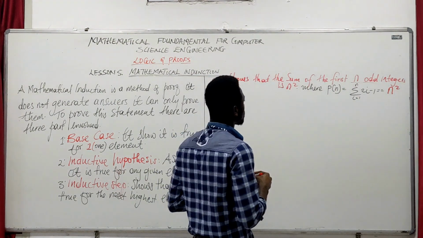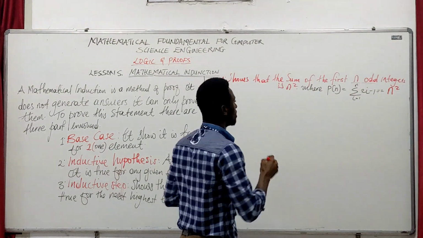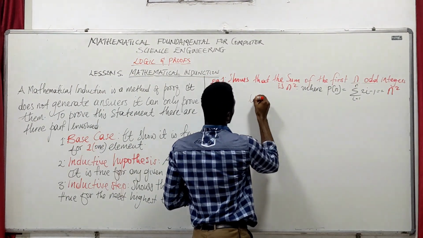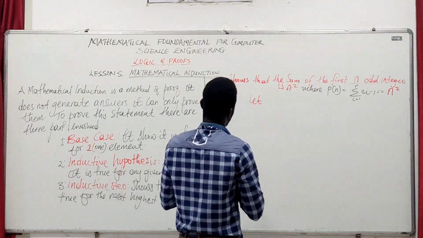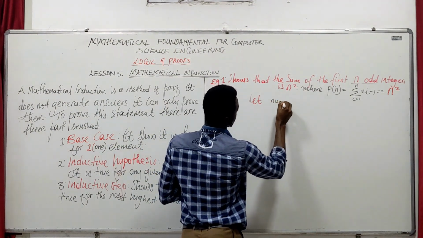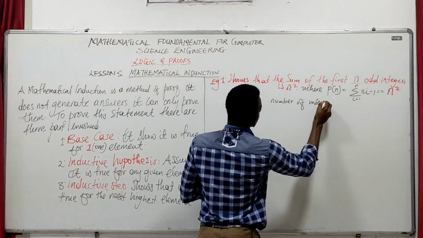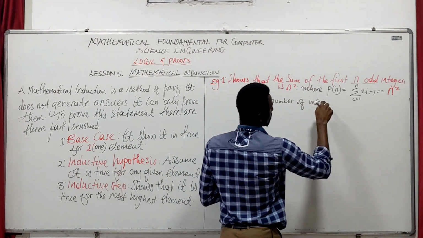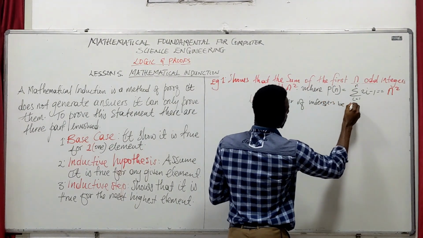So now let's try to see. They said the first n integers, we can say, okay, let n be the number of integers. Solution. Let the number of integers be 5.